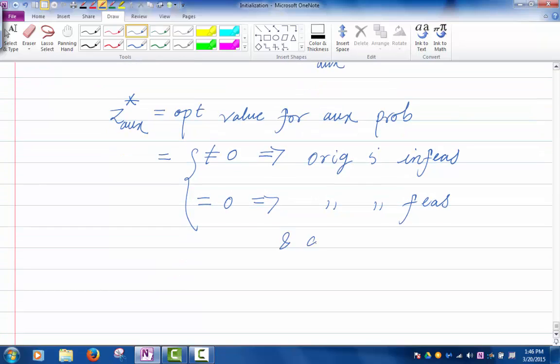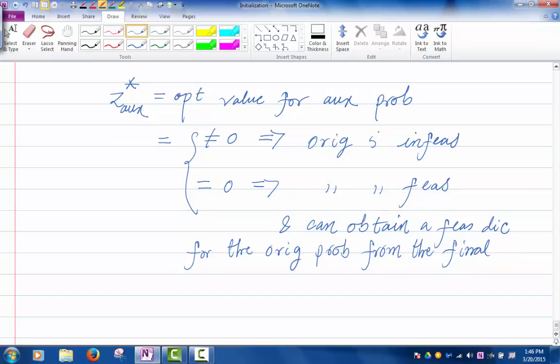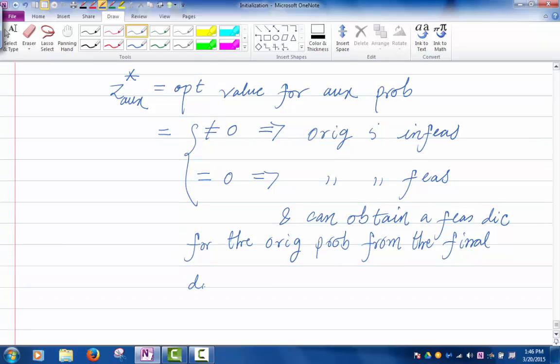And can obtain a feasible dictionary for the original problem from the final dictionary D_AUX star, right?